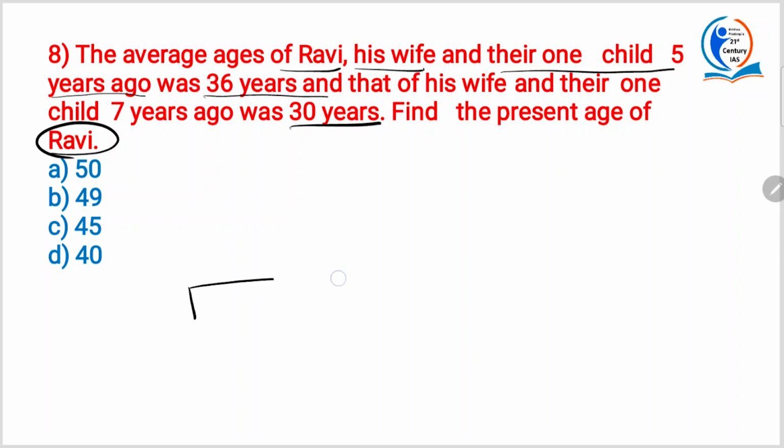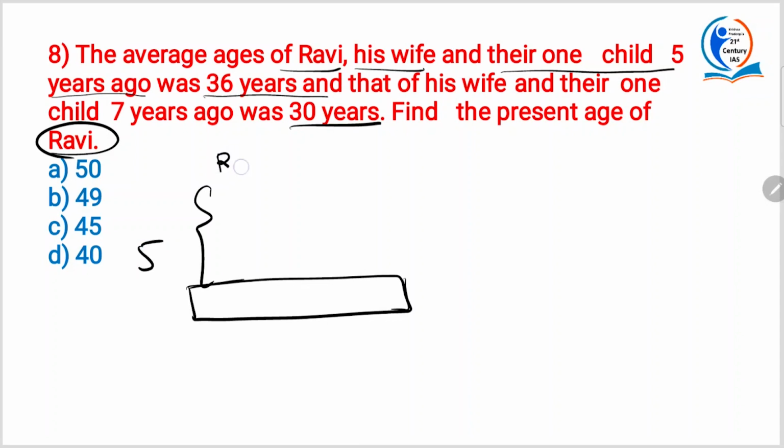If the present ages I will represent with this box, and now 5 years ago, Ravi, his wife and one child, that means there are 3 members in a family, their average was 36 years, which means 36 is equal to age of father, mother and child by 3.